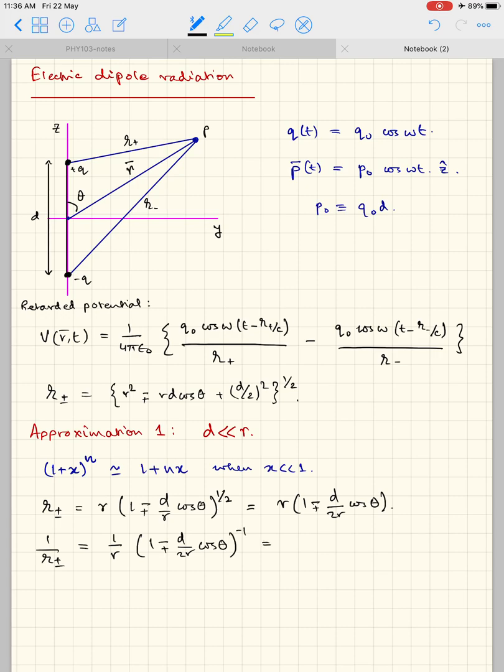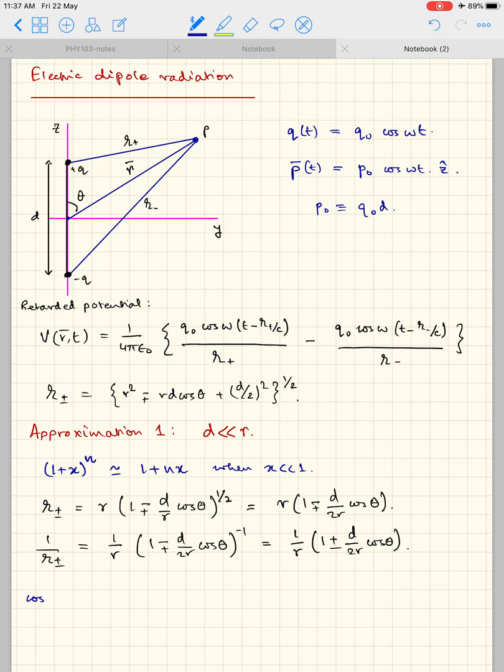Again using the approximation, 1 plus x whole to the power n goes as 1 plus nx, so the minus 1 comes down. This just becomes 1 over r times 1 plus minus d over twice r cos theta. This is going to be useful for us. Now we want to understand how the cosine of this angle can be approximated.